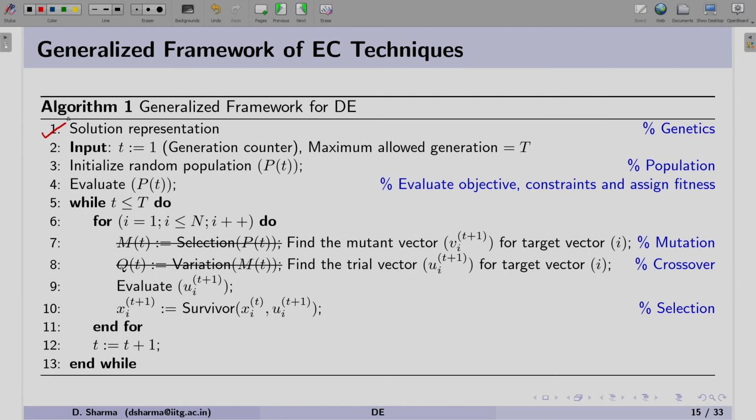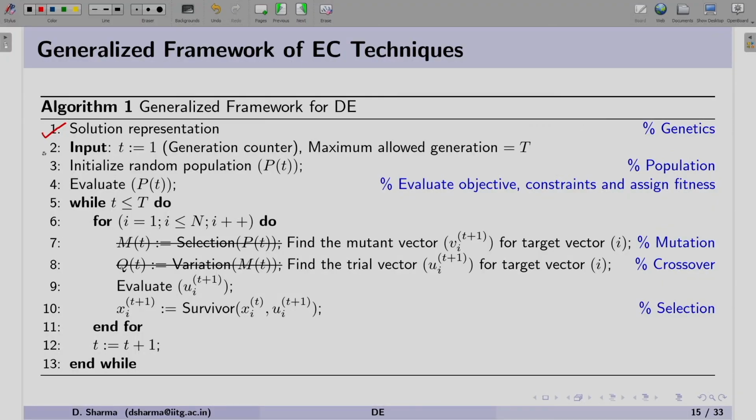As of now, we are assuming that we are using DE for a continuous function, for the real values of x1, x2, x3 and x4. Thereafter, we have to give certain input to the DE.